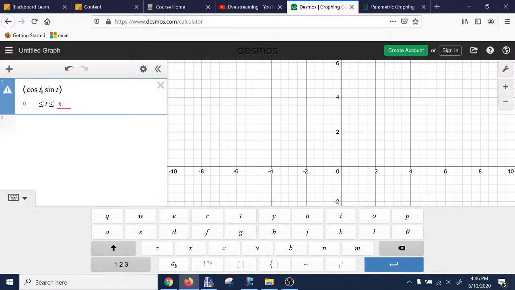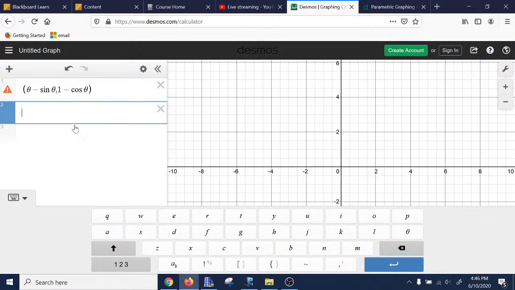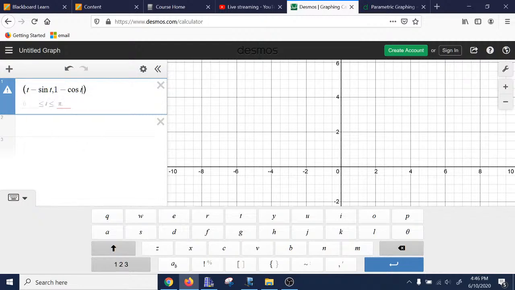Okay, what was our thing? Our thing was, x was theta minus sine theta, and our y thing was 1 minus cosine theta. Why don't you like that? Do I need to make it t? You can only figure out if it's parametric if I use t's.